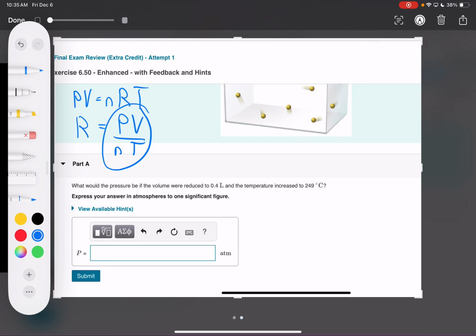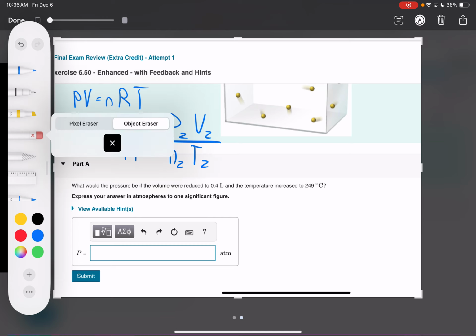Okay, so I'm gonna take that version and I'm gonna set up a first condition and set that equal to a second condition, because I know both of them have to equal R, that's why I'm able to do this. And then I'm gonna cancel out anything or erase anything that doesn't change, okay?